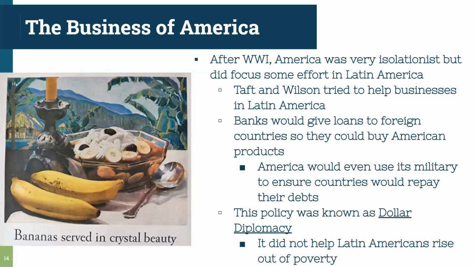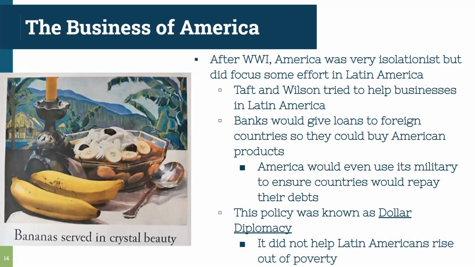Now, with businesses growing, Americans' ties to businesses around the country, around the world, also are changing, while America is still very isolationist, as far as businesses are growing around the world.